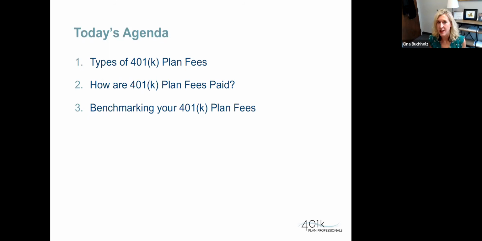It's been an interesting landscape over the last 10 years. The conversation of 401k plan fees, it's definitely picked up. It's definitely changed. I know about 10 years ago, there was a survey done and they asked 401k participants what their fees were. And 70% of people thought there were no fees in their 401k plan. So clearly, and I think because of that, the IRS and the Department of Labor said, we've got to be more transparent with fees.